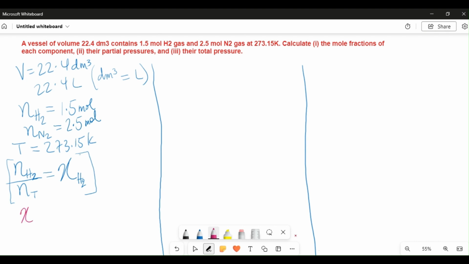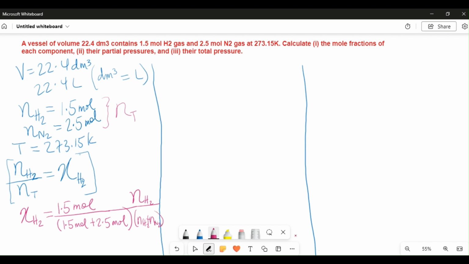So you have the mole fraction of H2 gas to be the number of moles of H2, 1.5 mole, divided by the total number of moles, which is just the addition of the number of moles of H2 and the number of moles of N2 gases. So you have 1.5 mole plus 2.5 mole. Basically, it's just nH2 divided by nH2 plus nN2.